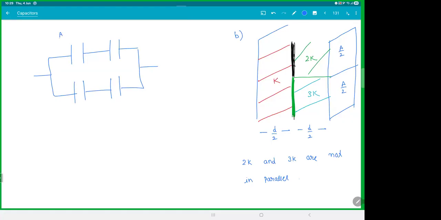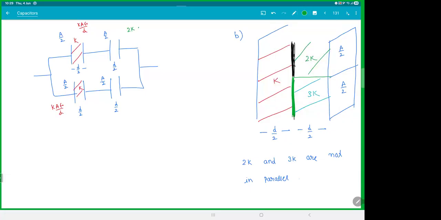Where each capacitor's area is A by 2, distance is D by 2. A by 2, D by 2. A by 2, D by 2. So all areas become half and all distances become half. So this capacitance will be K, this will be K. So this would be K into A epsilon by D. This will be K into A epsilon by D. A by 2, D by 2, they will cancel.